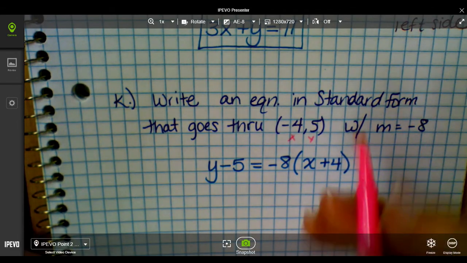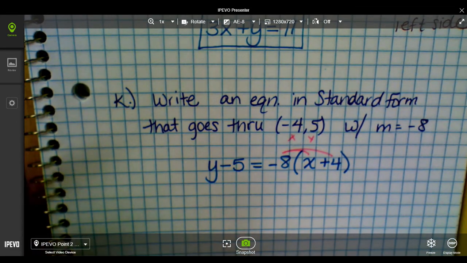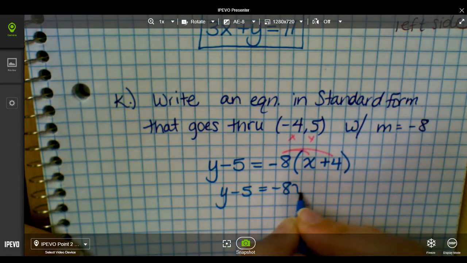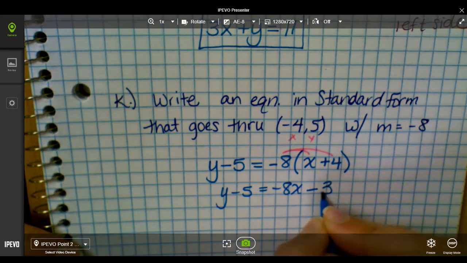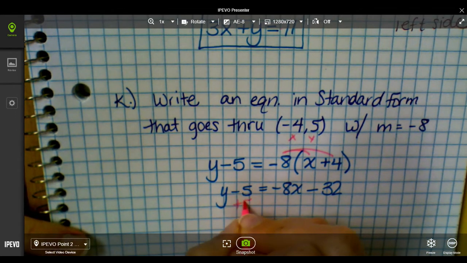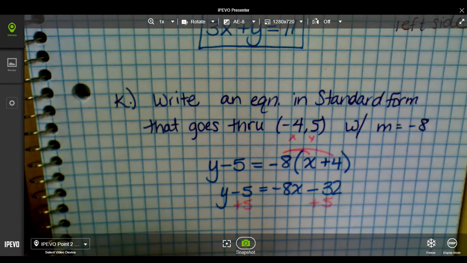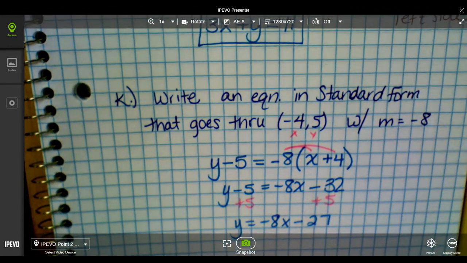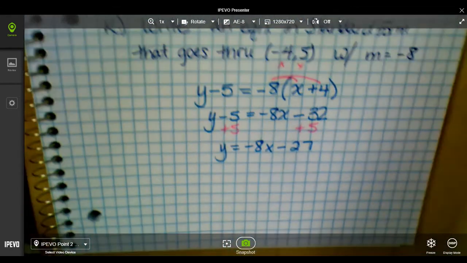Okay, take my 2 steps to get it into slope-intercept form. So distribute my slope. So I have -8x and then -32 because I have a negative times a positive. Add or subtract my number with my y over here. Y equals -8x minus 27. And again, this is in slope-intercept form.